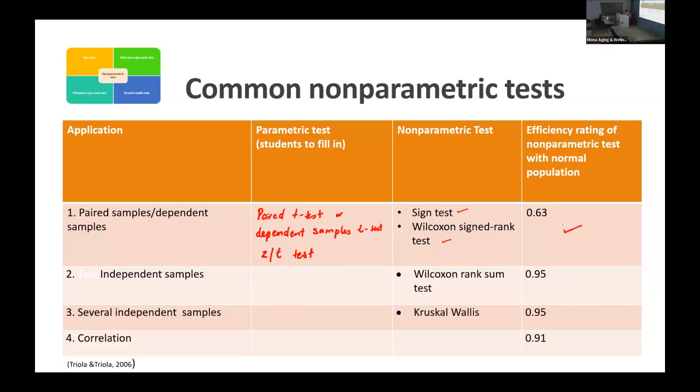If differences exist, you have a 63% chance of picking it up if you do a non-parametric test. So the story is, if you can do a parametric test, go ahead and do the parametric test. But if your assumptions are not satisfied and you need to do a non-parametric test, then go ahead and do your non-parametric test. In terms of the differences between the sign test and the Wilcoxon signed rank test, we'll talk about those next week.